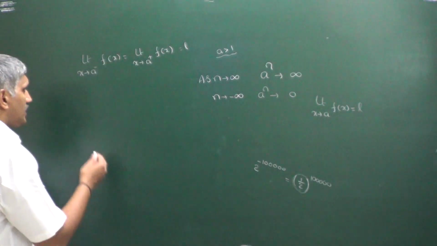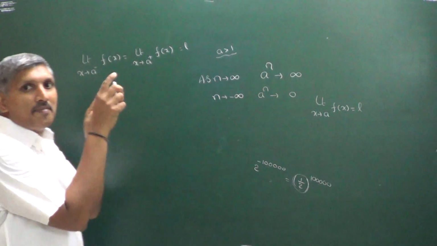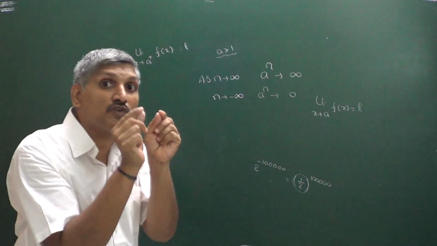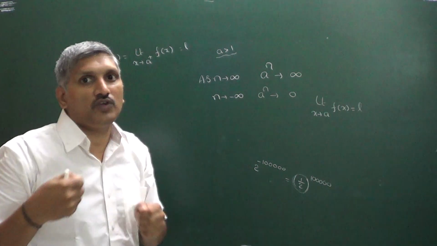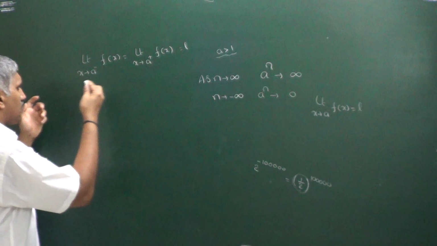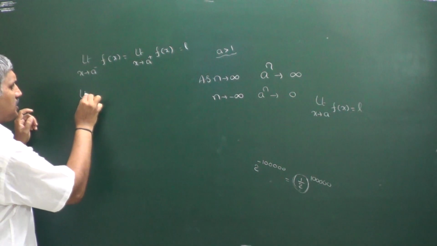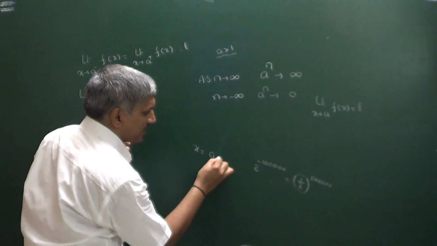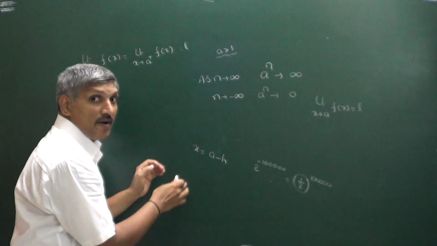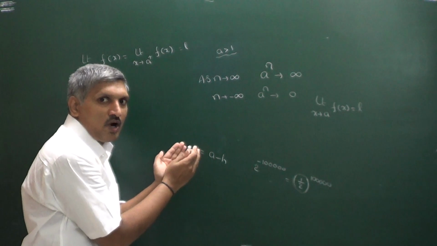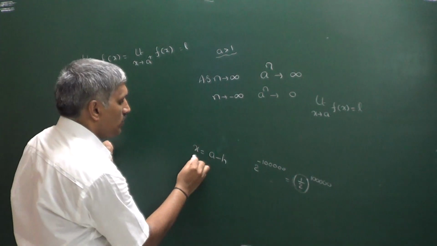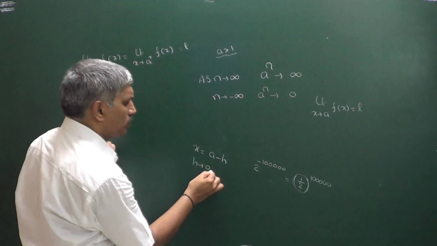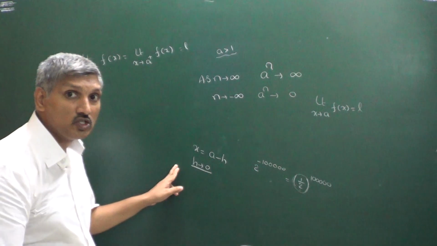Now my question is here, x tends to a minus. A minus means from a we are subtracting a small value. That subtracting value I am taking as h. In place of x I am writing a minus h. From a I am subtracting a small value, very close to 0. h is tending to 0.